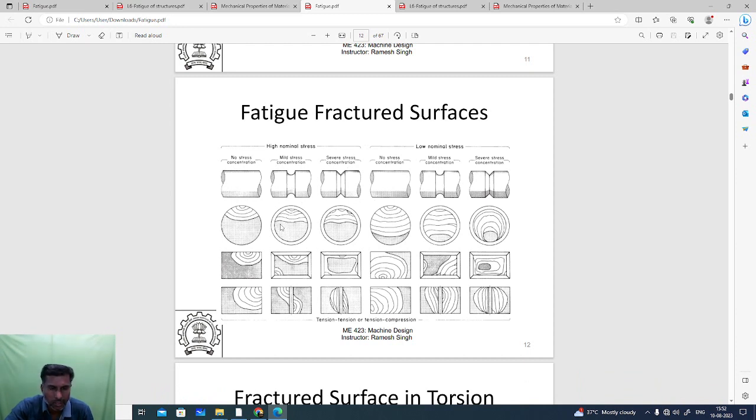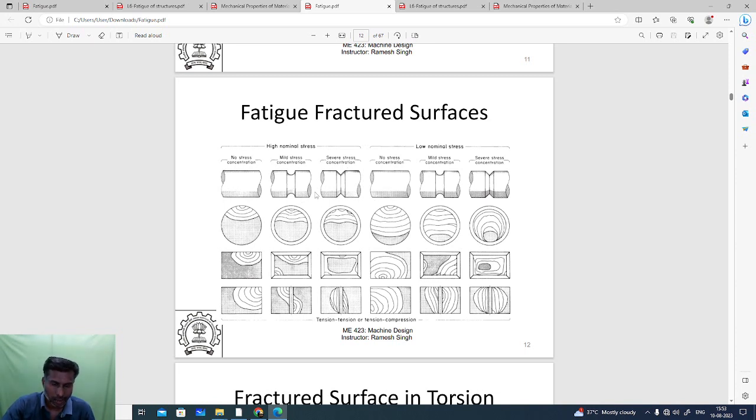See the difference. And next, severe stress concentration, because all the edges are sharpened. Here there are more sharp edges, so see the variation across the first, second and third ones.